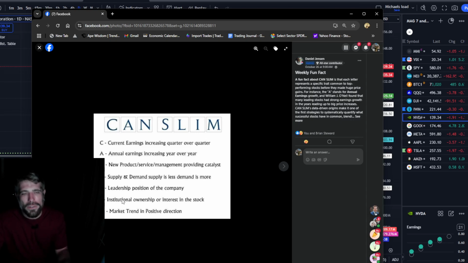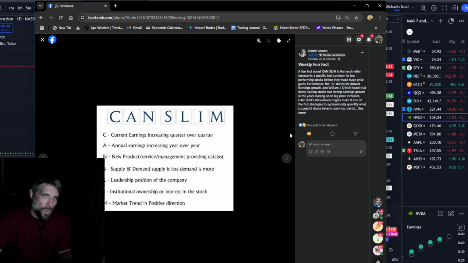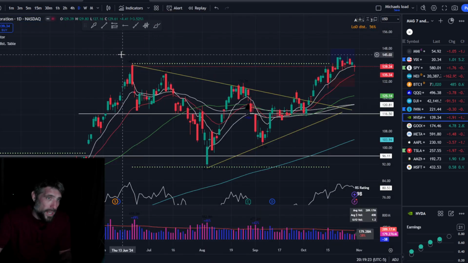So the leadership in position of the company. When we think of leadership, I don't know what you guys think, but when it comes to this, we want to make sure it is the best in its group. I don't know if you guys realize this, but there are so many of NVIDIA's. There are so many chip makers, right?